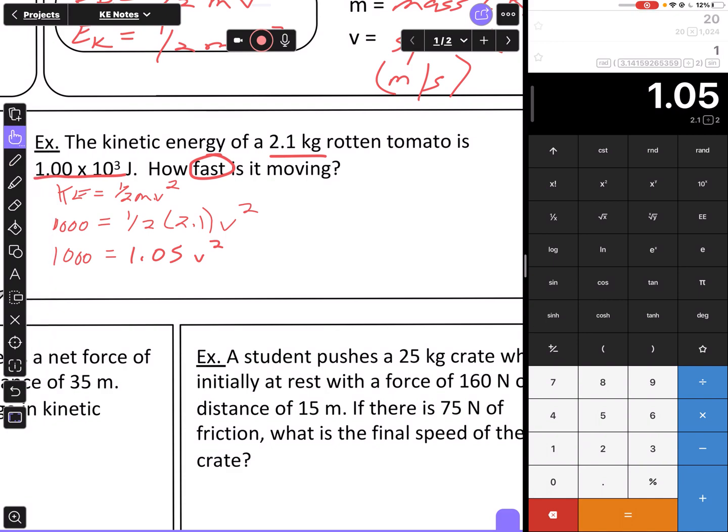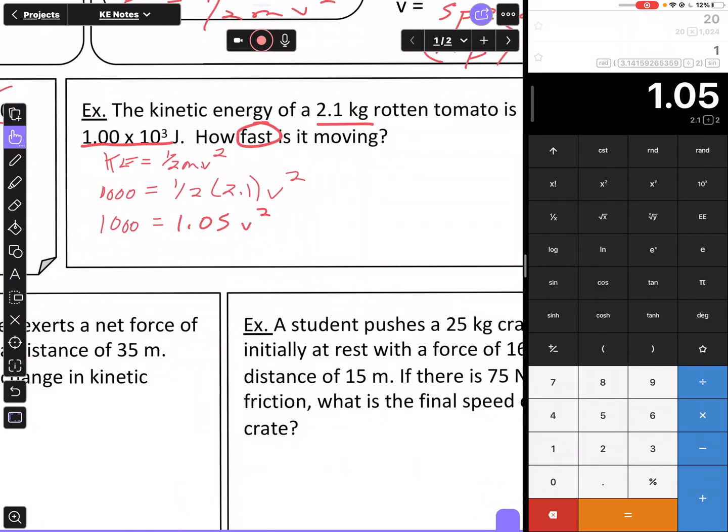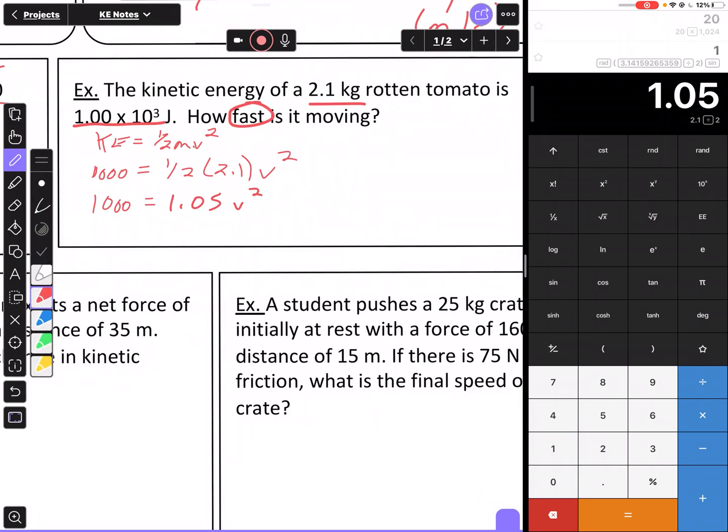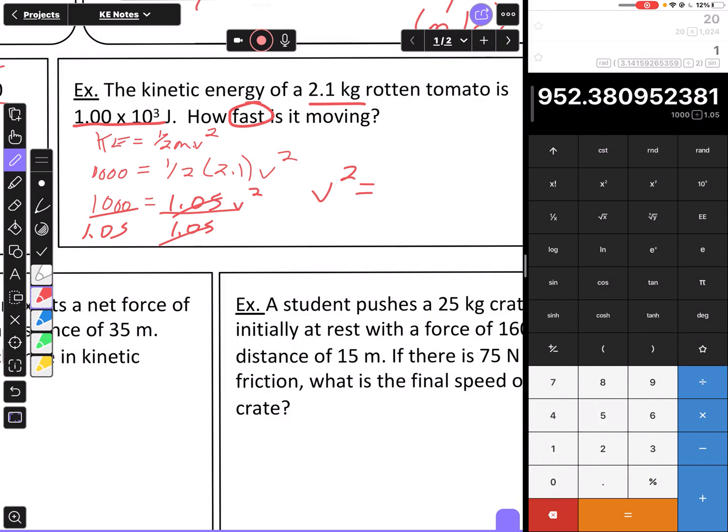So I'm going to divide both sides by 1.05. And then that's going to be v squared is going to equal 1,000 divided by 1.05, which gives me 952.38.